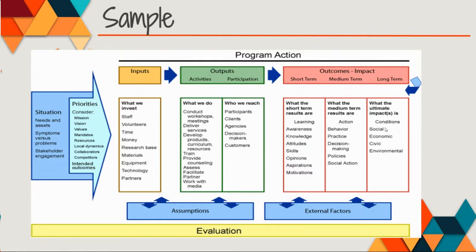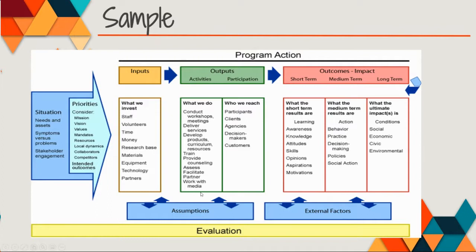Sometimes these long-term changes in society from a social, economic, civic, and environmental perspective take some time. So that's why you see a lot of those items and conditions under the long-term outcomes, because typically those are longer term, long-range goals that a program may have in place.